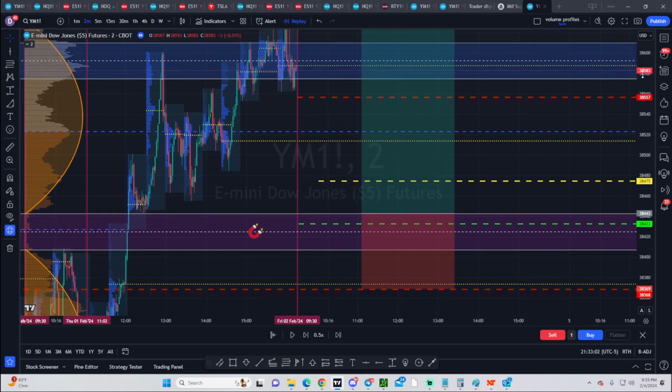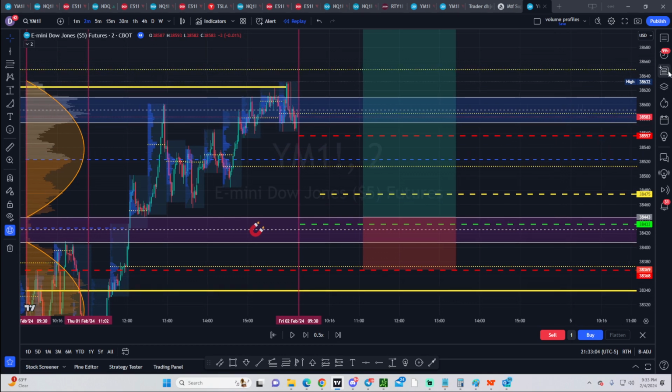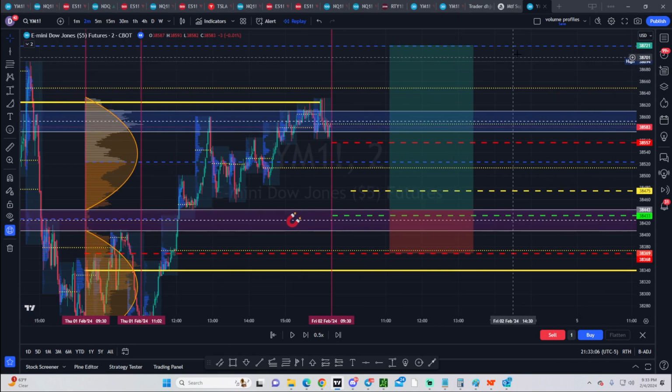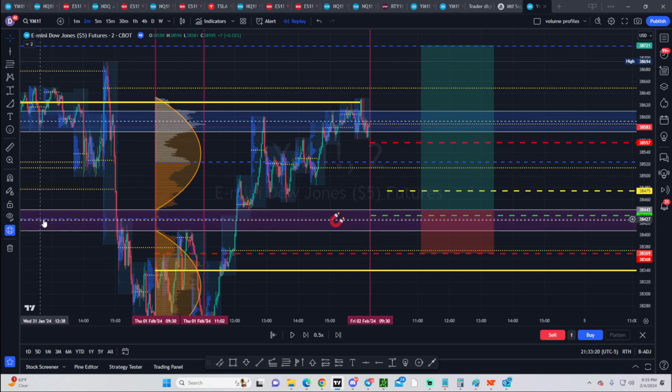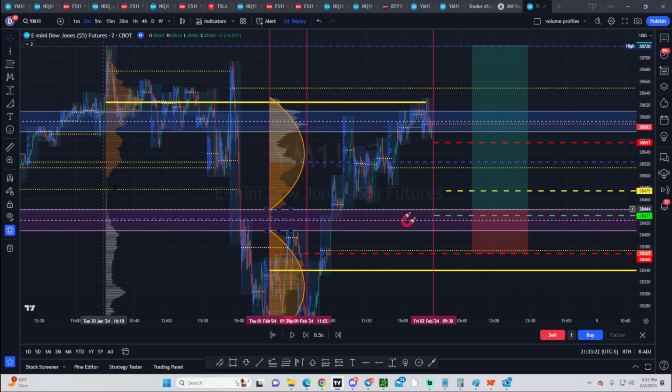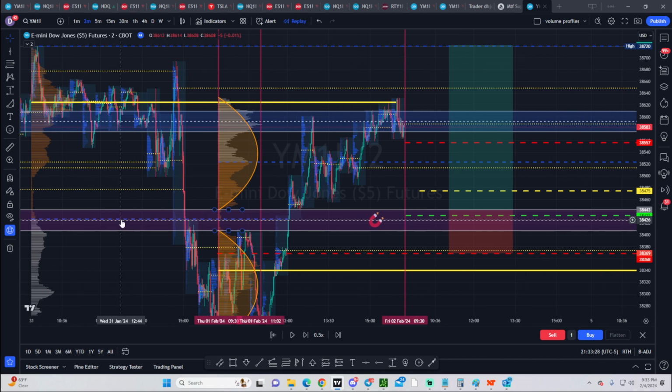But as of right now, before the market opens, I already know what I want to do, and this is what I want to do. I want to hit the previous day high, and I want to buy the low volume node, which is the confluence with this particular area here that I looked at before, which is also a low volume, and also the value area low from the day before, from 2 days before.